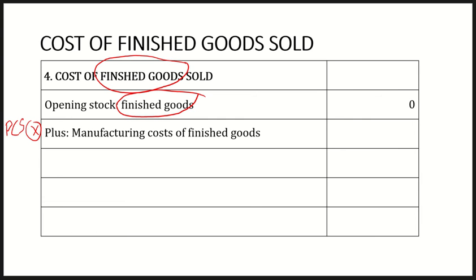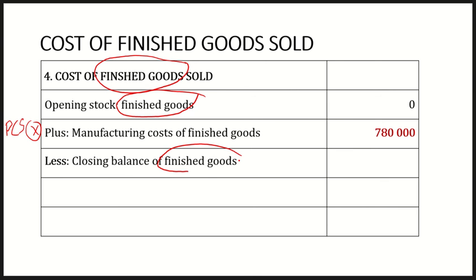Exactly, it comes from the production cost statement. Then you're gonna add that, and then you're gonna minus closing stock of what? Finished goods. So I'm giving you hints here. Immediately when they say opening stock finished goods, closing stock finished goods, just know it goes to your cost of sales. We normally refer to it as cost of sales, but it's cost of finished goods. That's a clue.